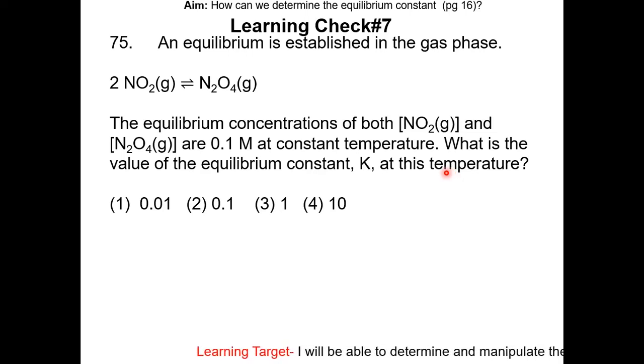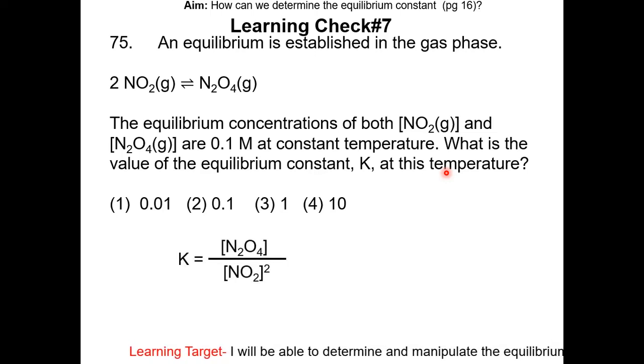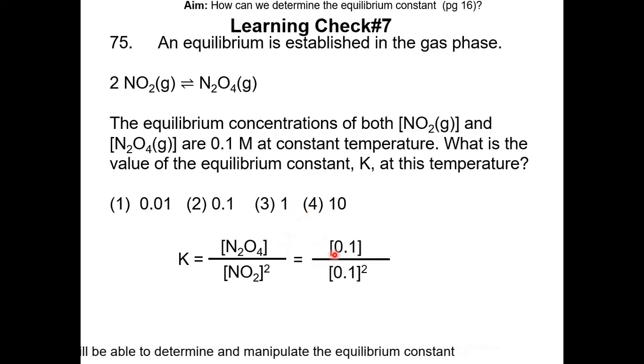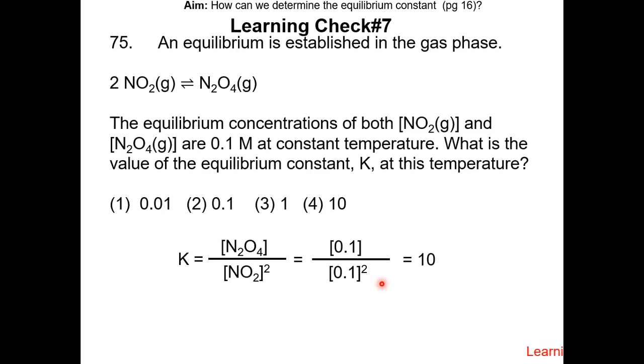The first step is to write the equilibrium constant equation. That'll be N2O4 over NO2 squared. The next step is to plug in the concentrations at equilibrium into the equation. 0.1 over 0.1 squared gives us 10. So the answer is choice 4.